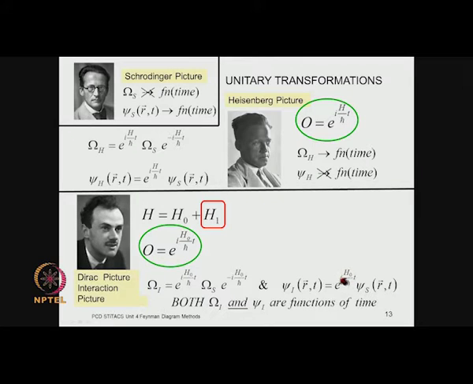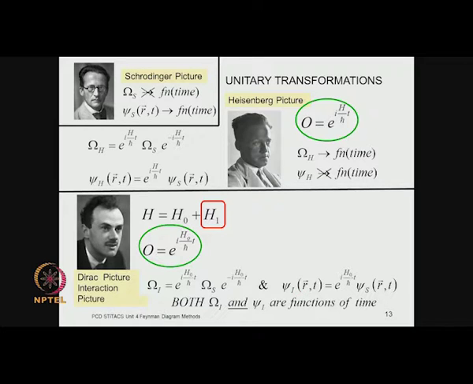So, this is the Dirac picture, and in this picture there is time dependence in the wave functions. The interaction picture wave function is time dependent, okay. There is an explicit time dependence over here as well as over here, and then there is an explicit time dependence over here. So, both the operators and the wave functions depend on time.